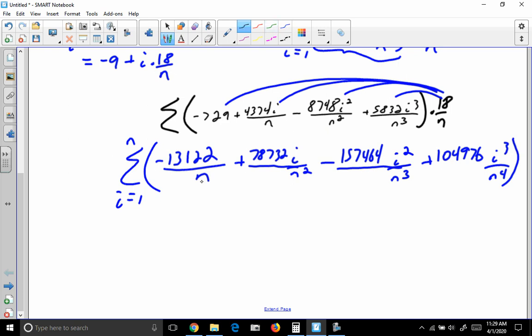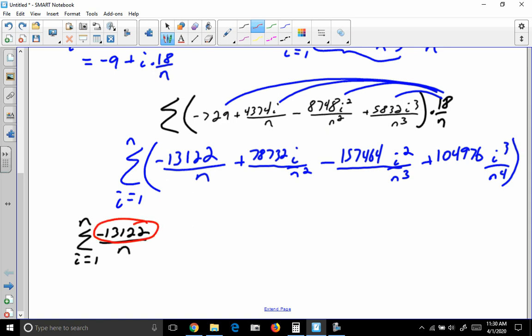So when we sum the first term, notice there's no i. So the first term, we're essentially summing a constant. And remember, when we sum a constant, we take the number on top times that constant. So our n's are going to cancel, and we're just going to be left with that negative 13,122.